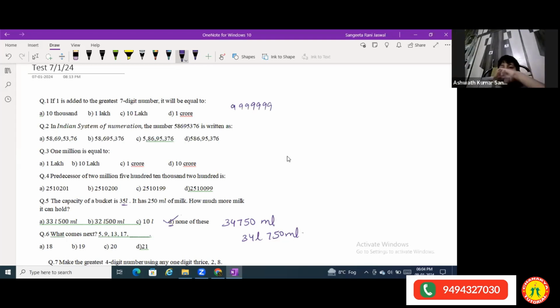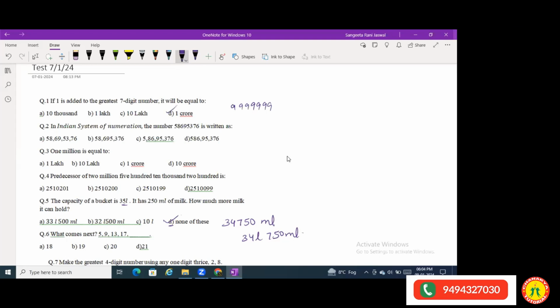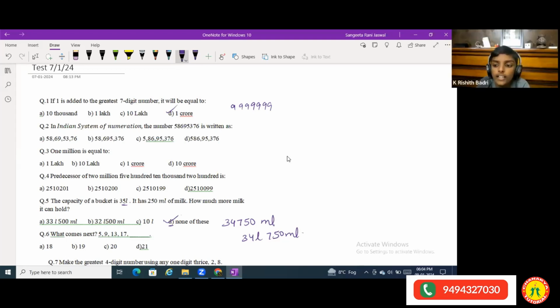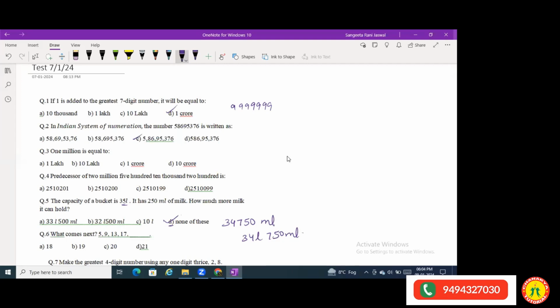Now in the Indian system of numeration, how do you write the number? Ones, tens, hundreds, thousand, 10,000, lakh, 10 lakh, crore. Yes. Now 1 million is equal to 10 lakhs.